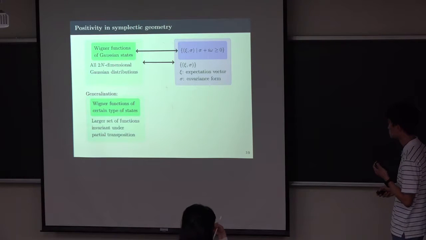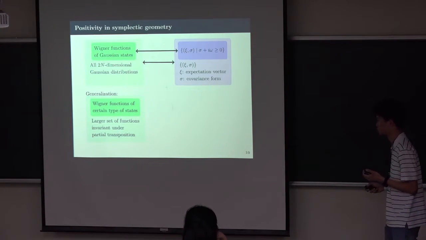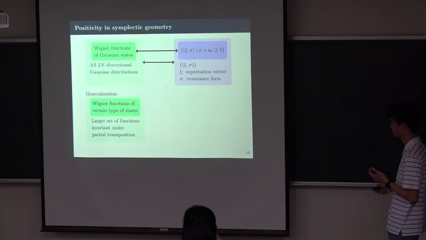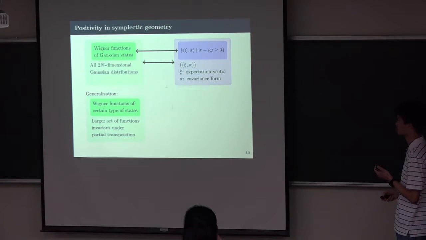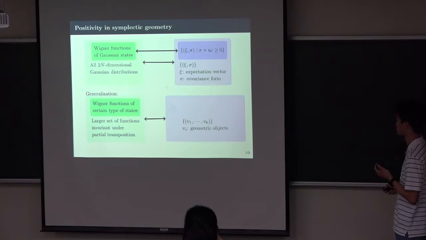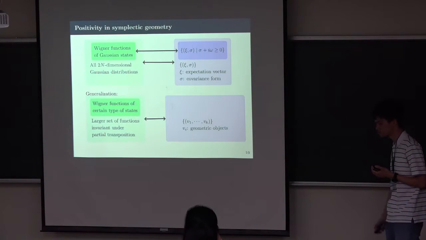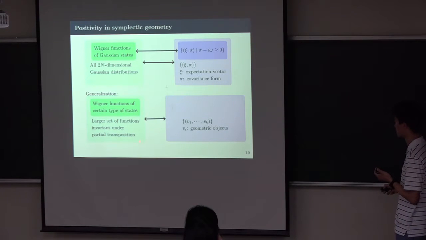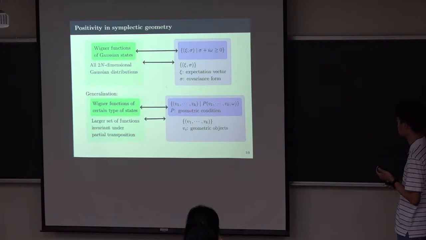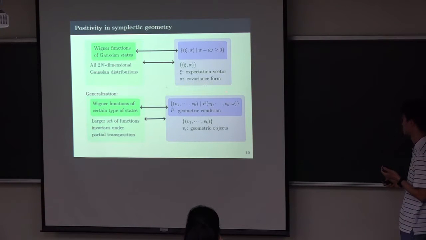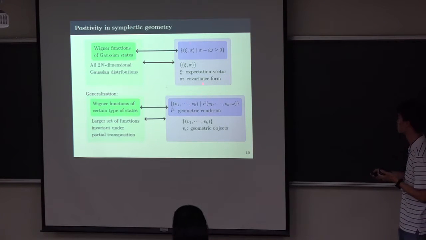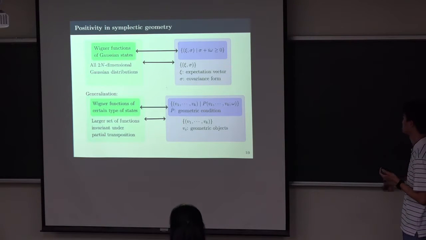So again, we extend this set of Wigner functions to a larger set of phase space functions invariant on the continuous position, and we assume that we can parameterize this set using some geometric objects. And also we assume that the validity condition corresponding here can be expressed using some geometric condition on the parameters and the symplectic form. So now this slide is all about symplectic geometry.